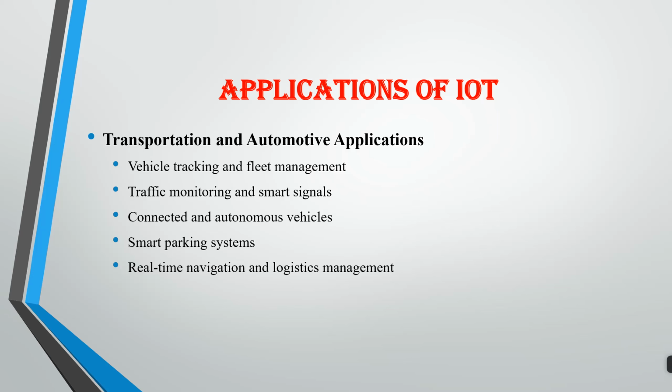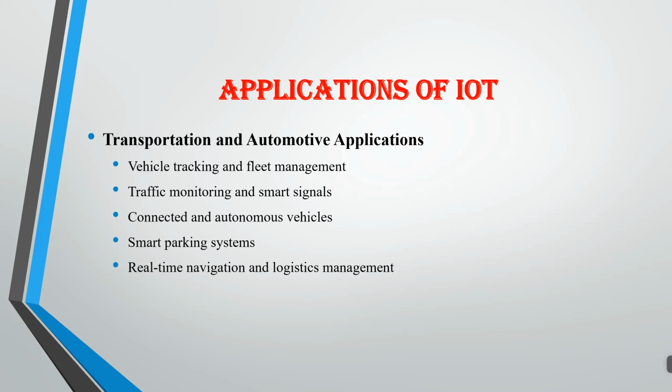possible from the IoT. Then real-time navigation and logistic management, it's working currently. I'll give an example of a company wherein all the buses have real-time navigation as far as speed management is concerned, and the various driving styles of the driver. So all these are under the control of the IoT.